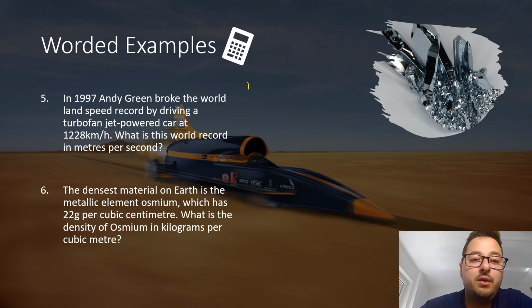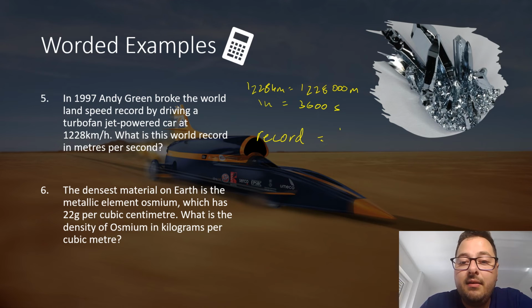So 1,228 kilometers is the same as 1,228,000 meters. And also we know that 1 hour is 3,600 seconds.